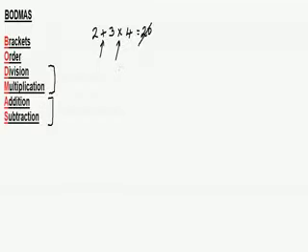So we multiply first. So we ignore the 2. So we have 3 times 4 is 12. Now we can have 2 plus 12, which is 14. And that's the right answer.